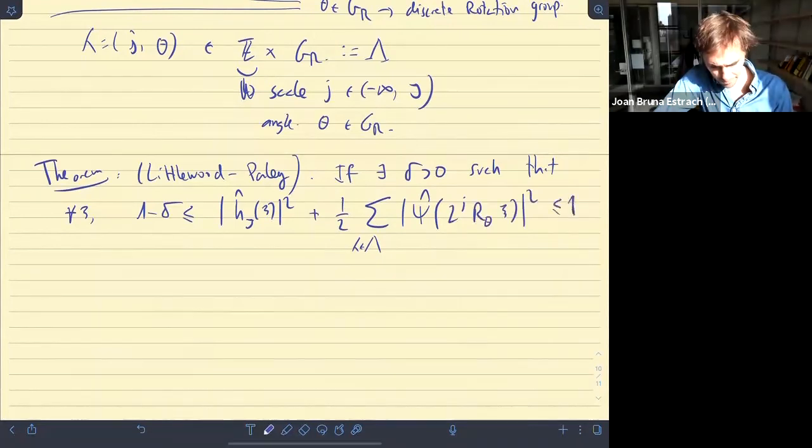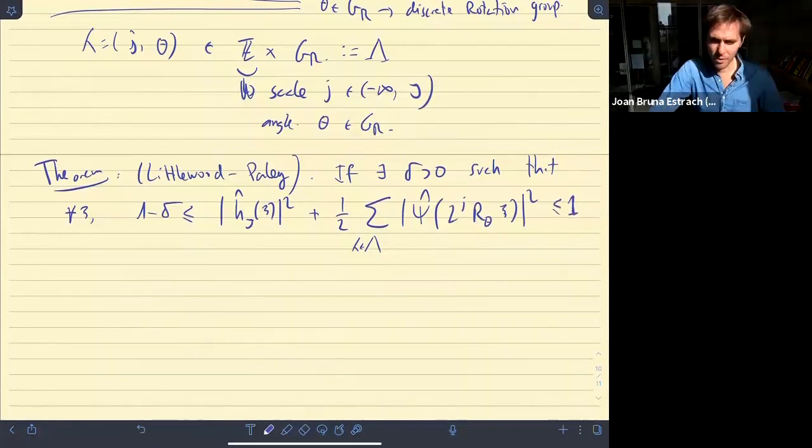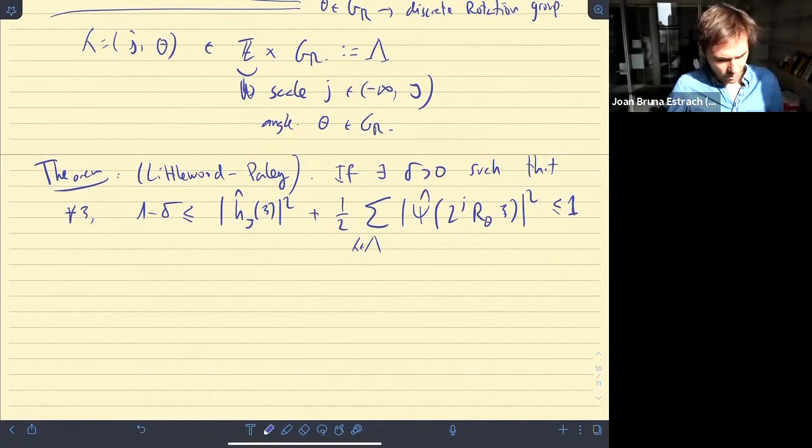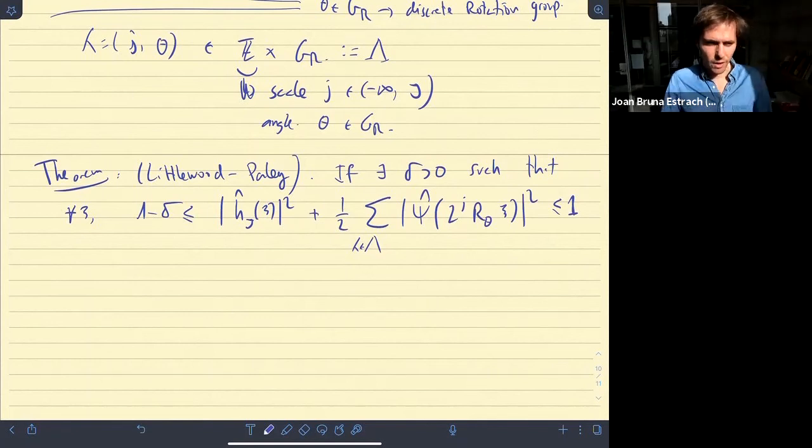This is smaller than 1, right? So this is kind of a design property that says that for every frequency, if I look at the following sum, this is always sandwiched between 1 minus delta and 1.